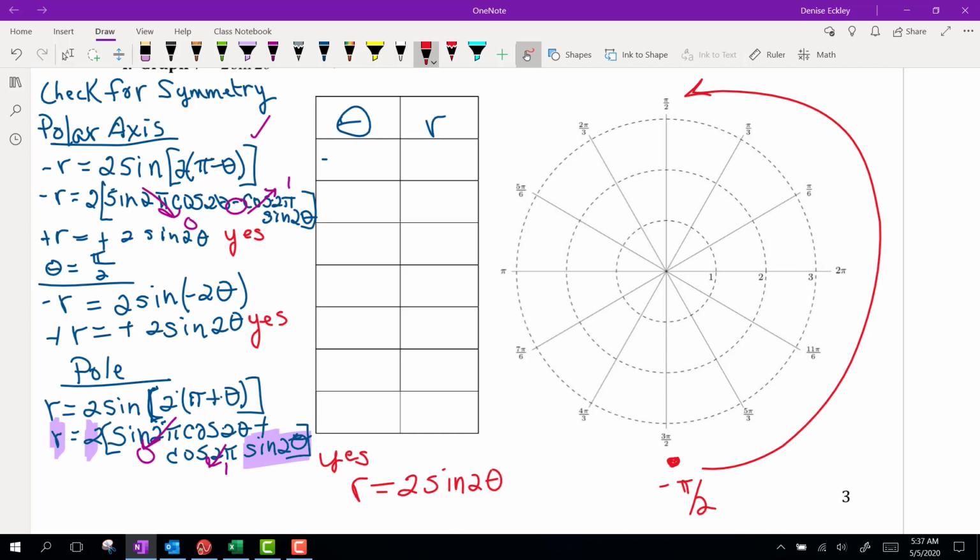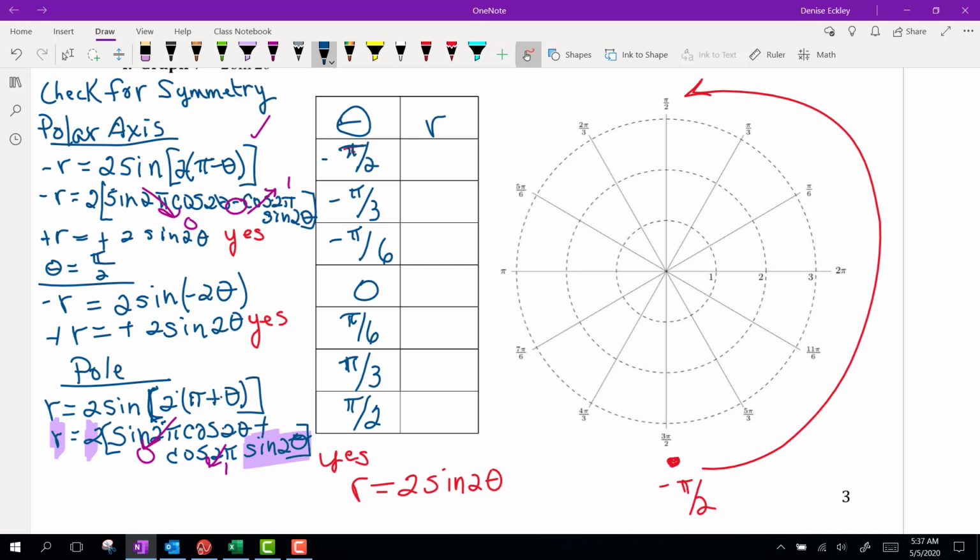Okay, so we have negative pi over 2, negative pi over 3, negative pi over 6, and we have 0, and we have pi over 6, pi over 3, and then pi over 2.